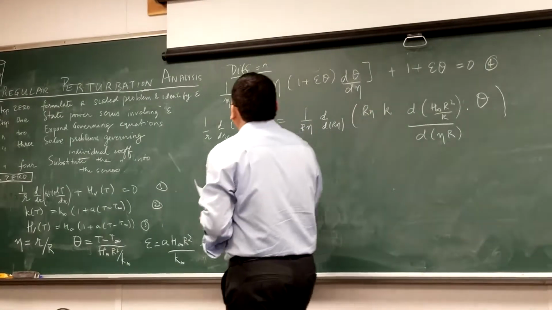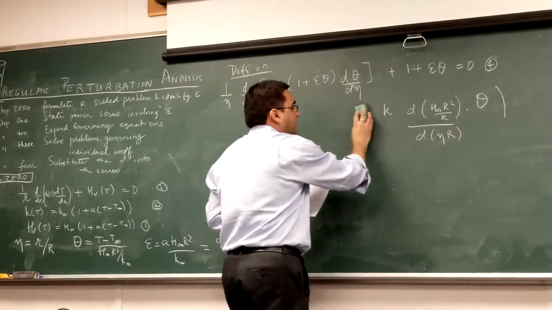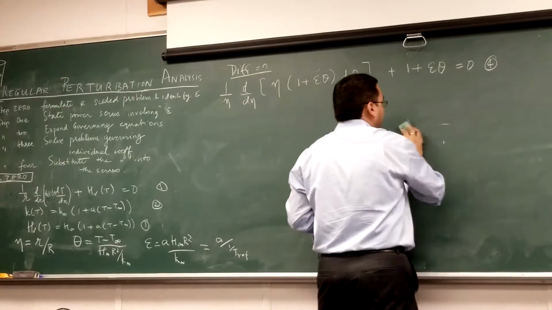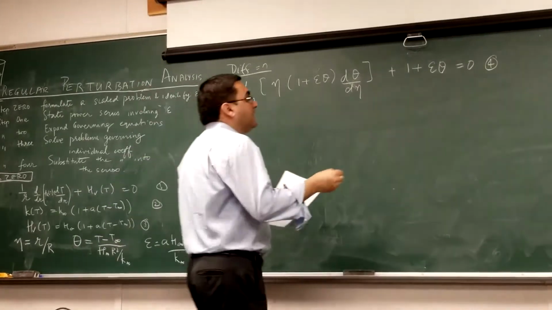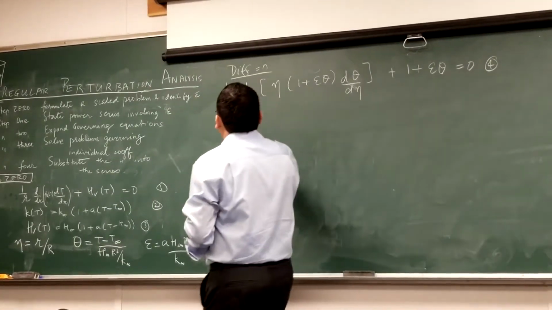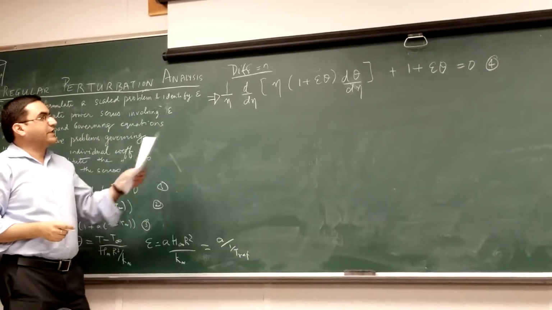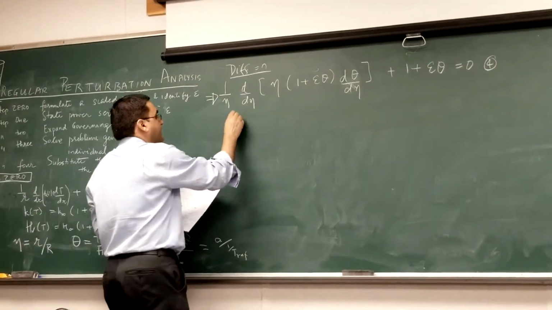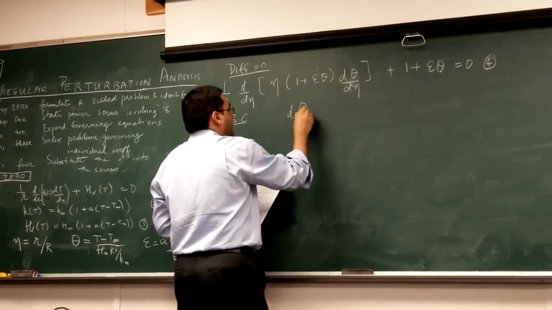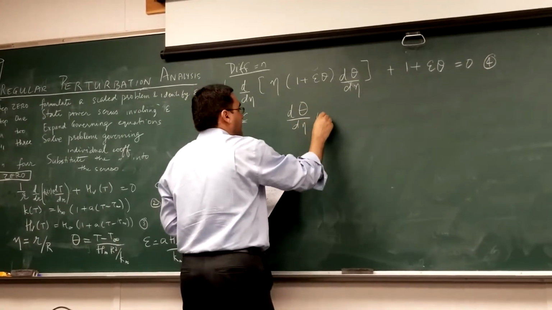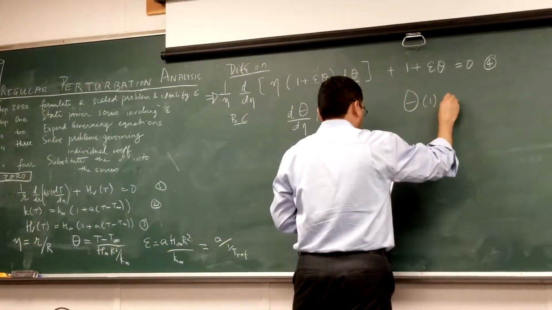I would want you to do those kinds of steps for practice, because you can write these things down in detail in class, but in one sense it's algebra, and in another sense it makes us go slower, and we don't really get to the physical insights that are more critical. So that's the equation, and then we have the boundary conditions. The boundary conditions become d theta over d eta at 0 is 0, and then theta at 1 is 0.